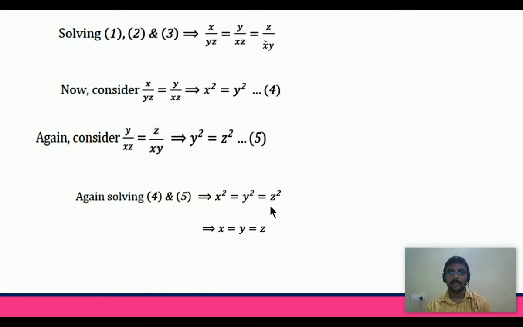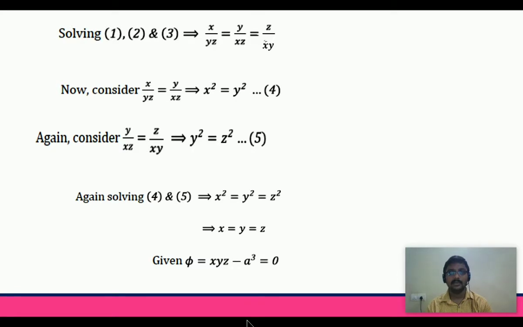Now the stationary point can be obtained by using the constraint equation. The constraint equation is φ is xyz minus a³. To get a stationary point, we must use the constraint equation, that is xyz minus a³ equal to 0.